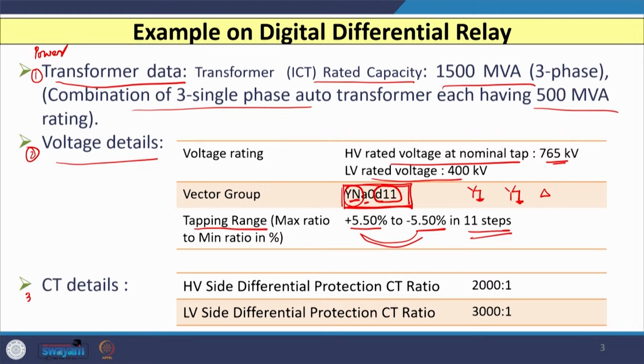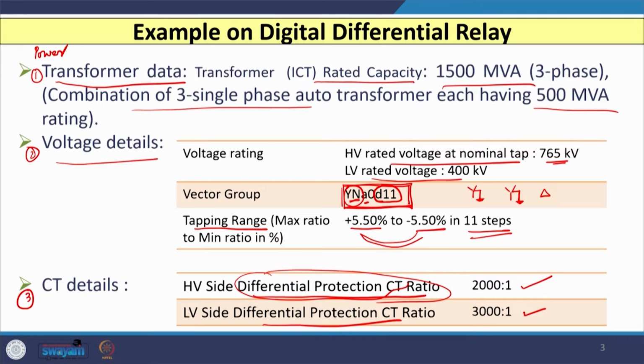The third one is the CT details. If we consider the current transformer ratio, then HV side differential protection CT ratio is 2000 by 1 ampere and LV side differential protection CT ratio is 3000 by 1 ampere. Here you can see that I have mentioned HV side differential protection CT ratio, because normally for differential protection in case of power transformer, separate CTs are used on HV and LV side.